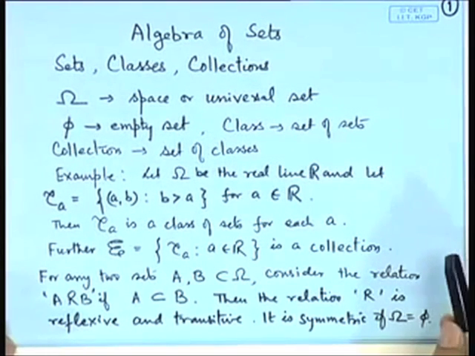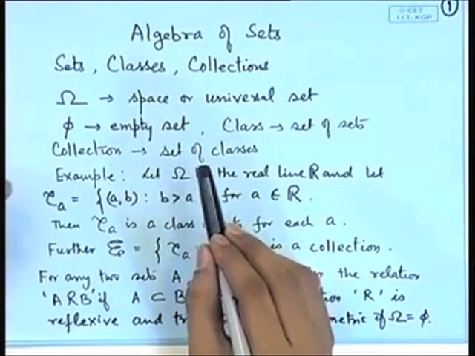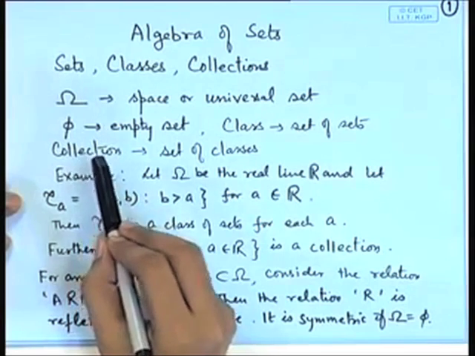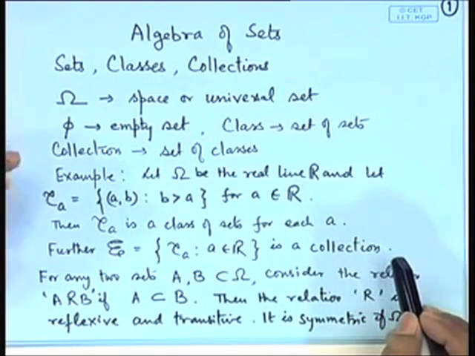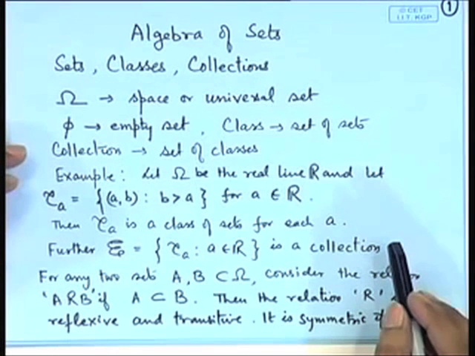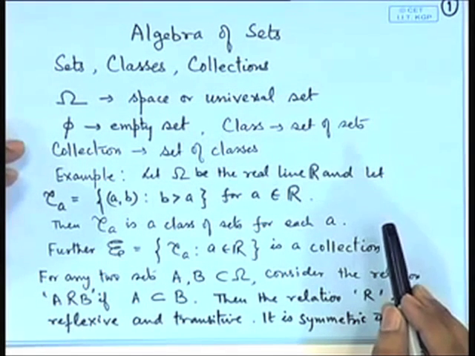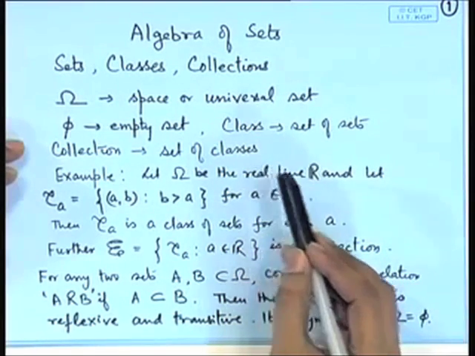So, we start with a universal set, let us call it omega, and then we also have the usual notation for the empty set as phi. We call a set of sets a class and a set of classes a collection.